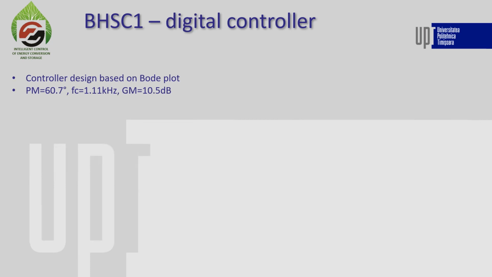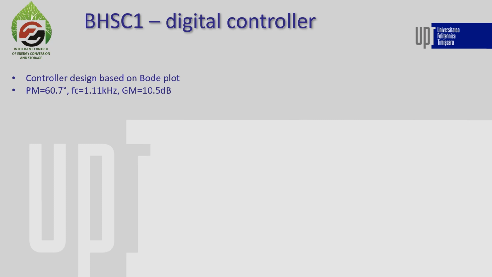Next we have a digital controller, because in order to implement more complex control strategies we required a digital controller. For example, not just voltage control, but using this converter in a microgrid requires some energy management strategies which can be more easily implemented on a digital controller.